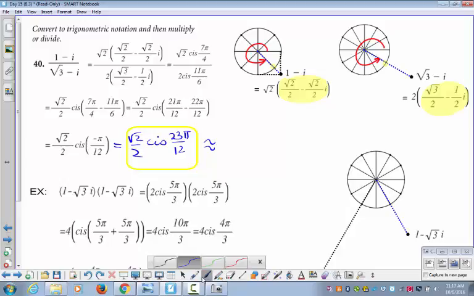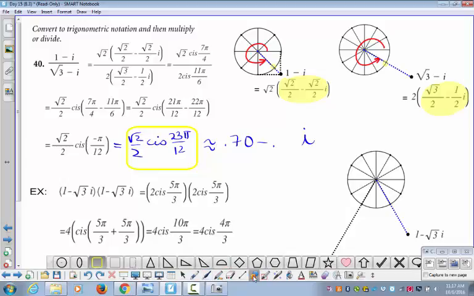Round to 2 decimal places. What do we get for that first one? 0.07. And then minus, we know we're in quadrant 4. That angle's in quadrant 4, so I know it's going to be negative point something i to 2 decimal places.